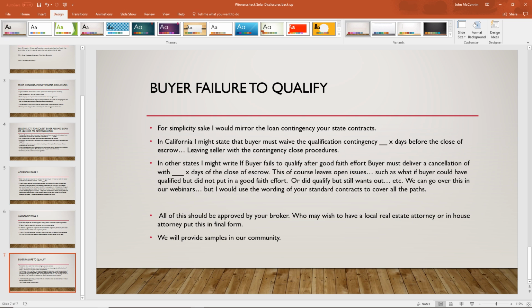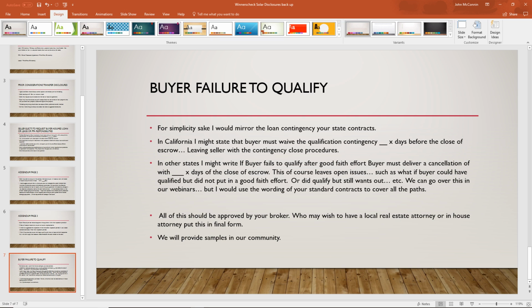So again, the thought is that you need to make that buyer perform and try to qualify for that assumption. And if they don't, they need to give notice that they have not. So you could cancel the escrow if you want, or you could work something out more in writing with them afterwards.